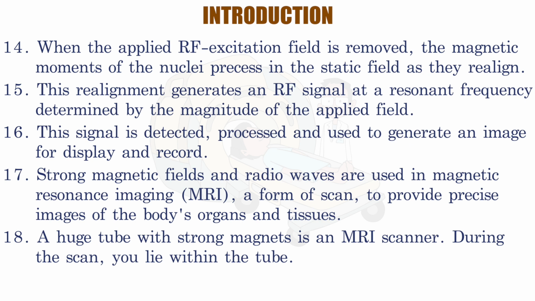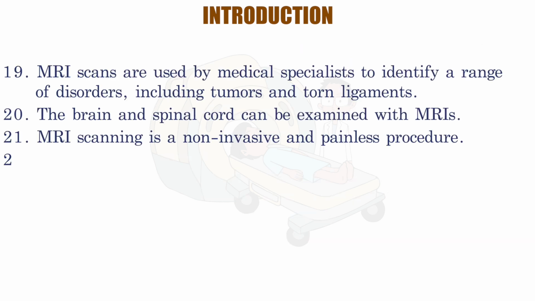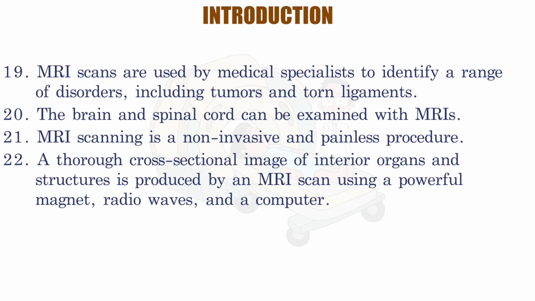Strong magnetic fields and radio waves are used in magnetic resonance imaging, and it is a form of scan to provide precise images of the body's organs and tissues. An MRI scanner is a huge tube with a strong magnet. During the scan, the subject lies within this tube. MRI scans are used by medical specialists to identify a range of disorders including tumors and torn ligaments.